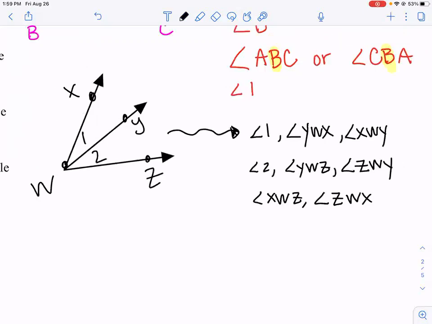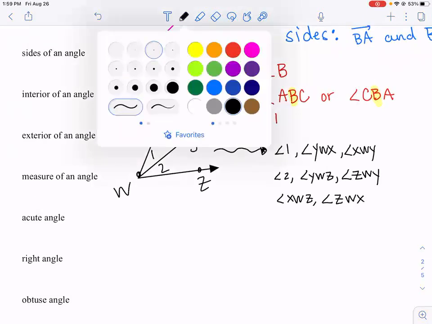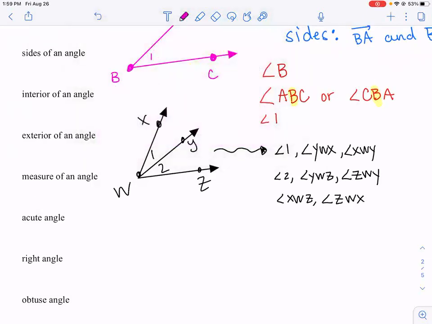Now, I am not going to give you a formal definition of interior versus exterior. But if I'm talking about angle 1, point Z is on the exterior of angle 1, because it's outside.